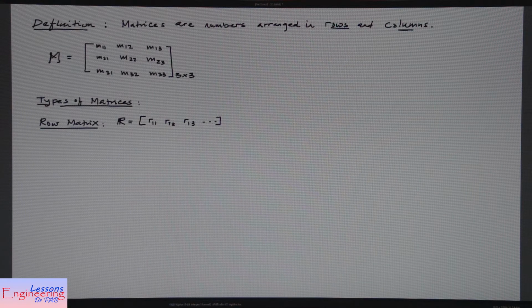So we can write matrix R has a 1 by n dimension. N could be the number of columns that matrix R can have.